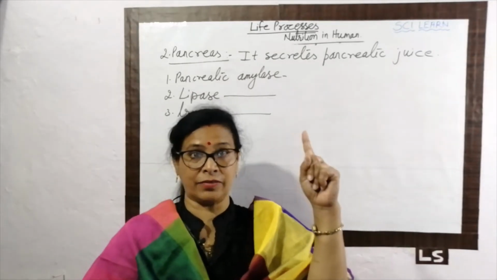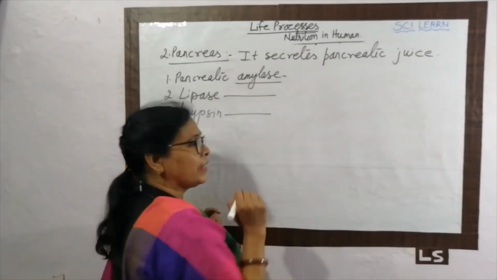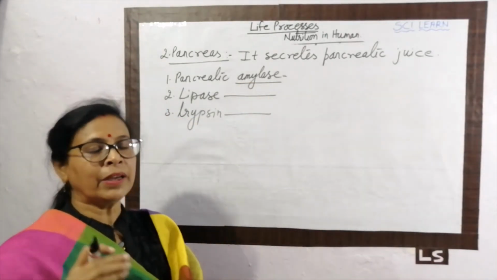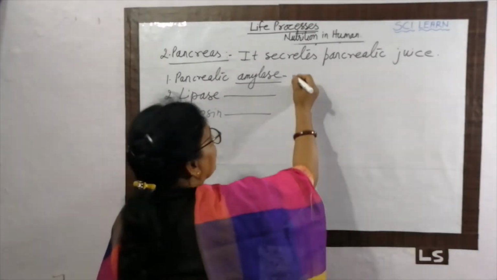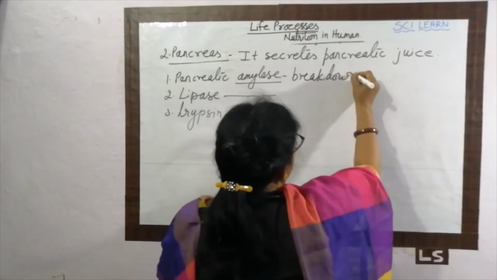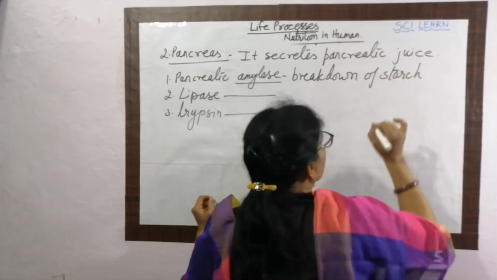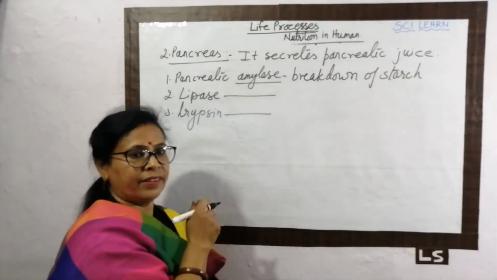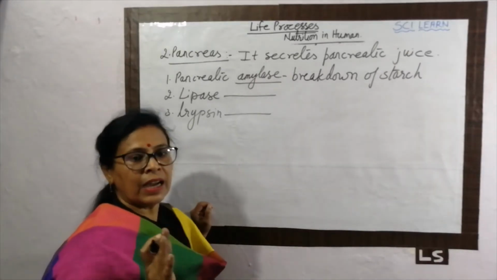Amylase, like salivary amylase, we already know about the salivary amylase. This enzyme acts on starch. Breakdown of the starch is digested in the stomach and it is completed here in the small intestine with the help of the pancreatic amylase.